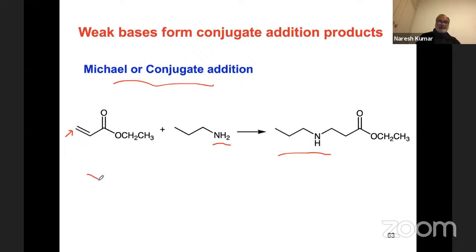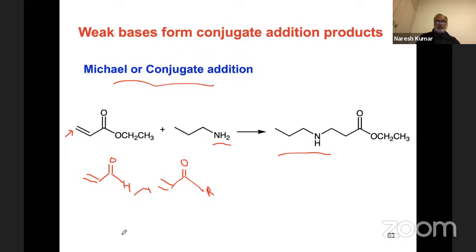It doesn't have to be an ester. It can be an aldehyde. It can be a ketone. It'll be the same reaction. So you can have that as a hydrogen, which is an aldehyde, or you can have it as a ketone, you will still get the same Michael addition or conjugate addition reaction happening at that position when you react that with an amine or a thiol.